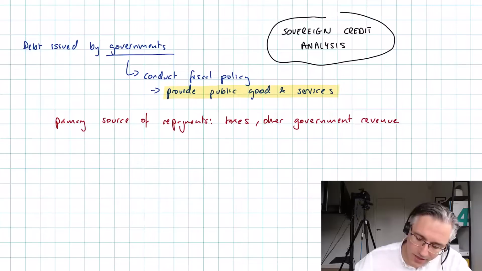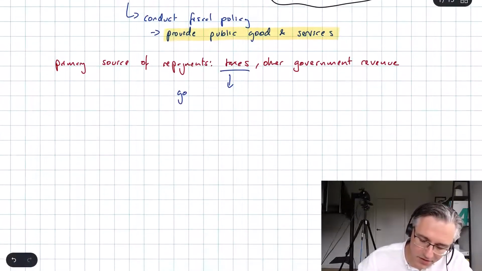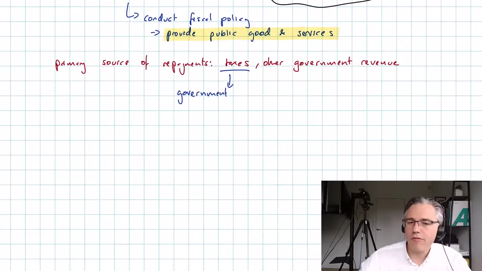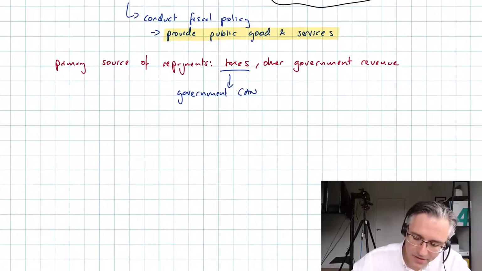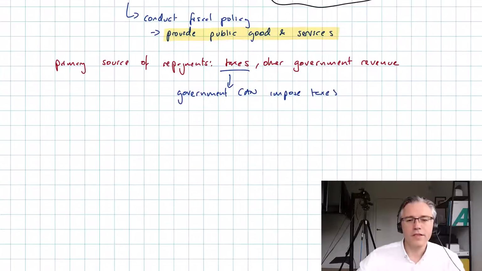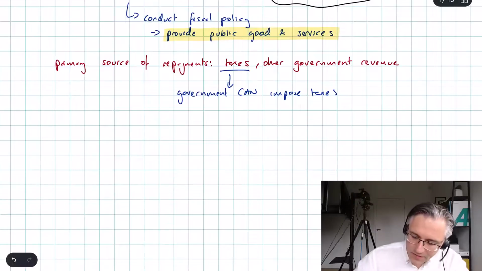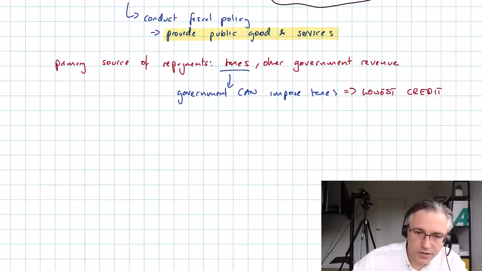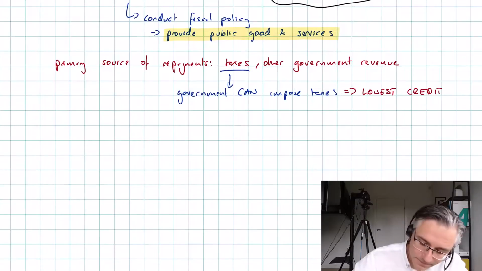And because a government, essentially everywhere around the world, has the authority to impose taxes within their jurisdiction, that means they are deemed to be the lowest credit risk issuer in a given country.